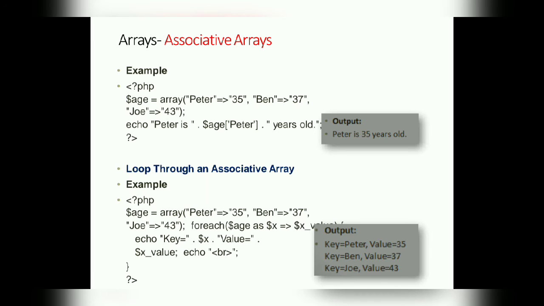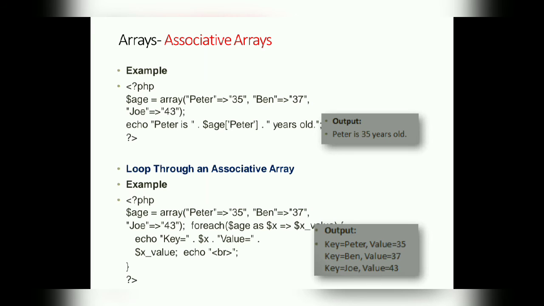Again, for the second user, we use $age[Ben] equals 37 and age of Joe equals 43. Okay, so this is nothing but the associative array. So these named keys can be used in a script. How it can be used in a script, we will see by example.